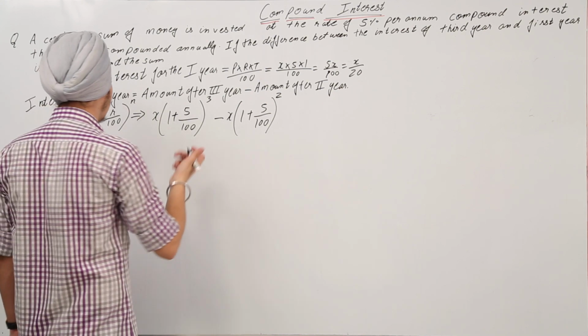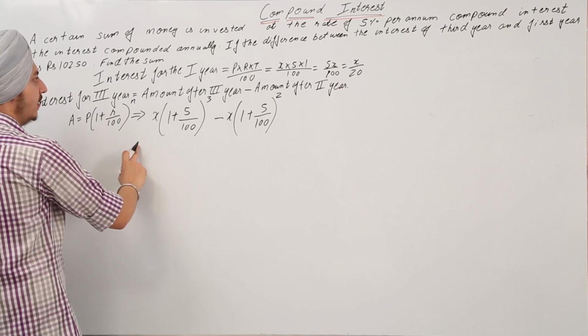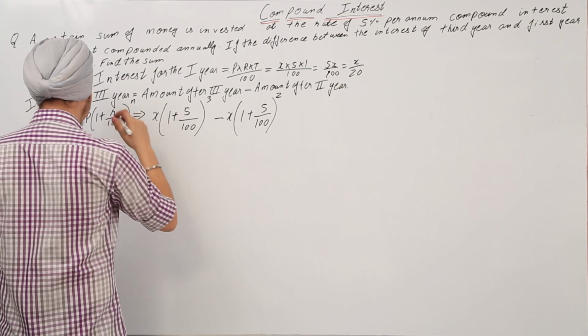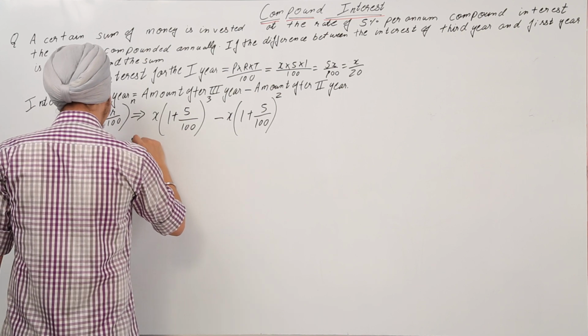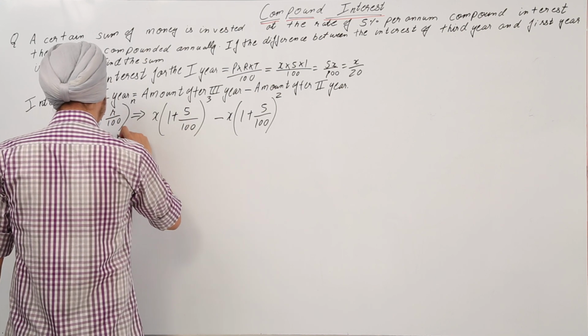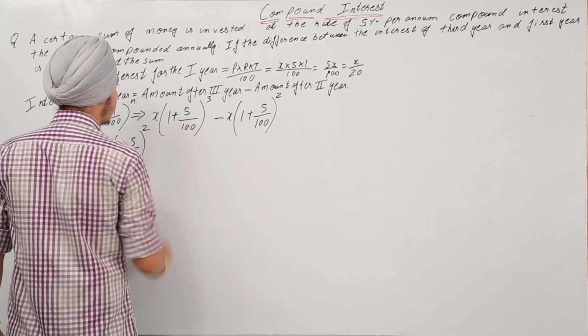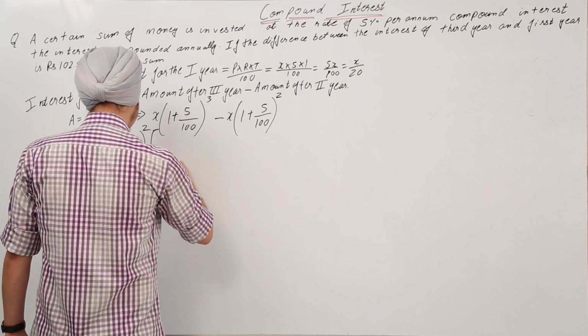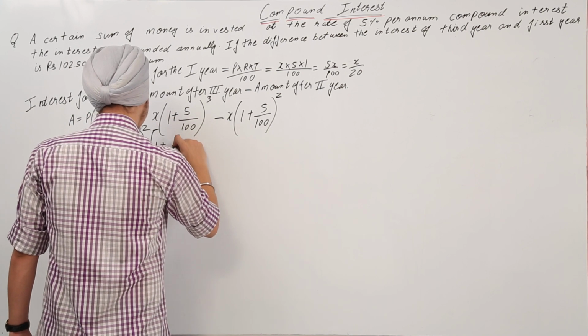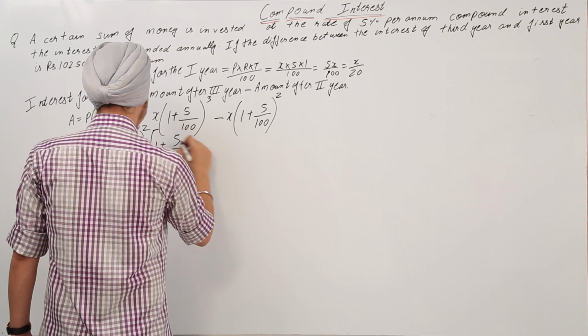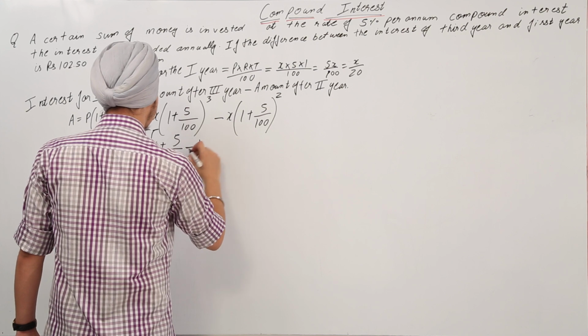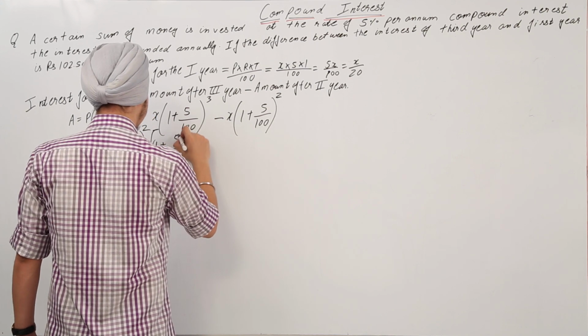So how do we write it now? We take x common and we take 1 plus 5 upon 100 raised to power 2 common. So what we get here is 1 plus 5 upon 100, right, minus 1.